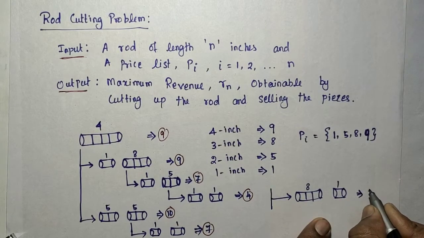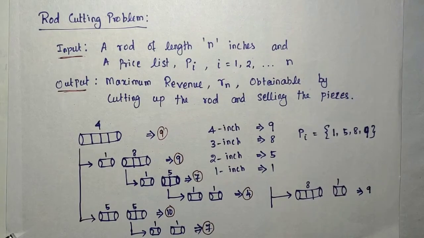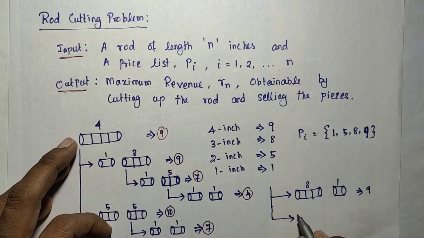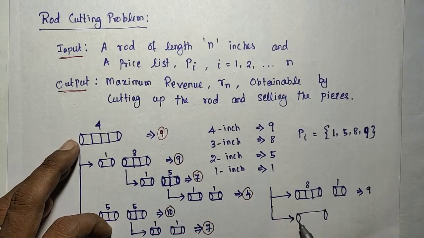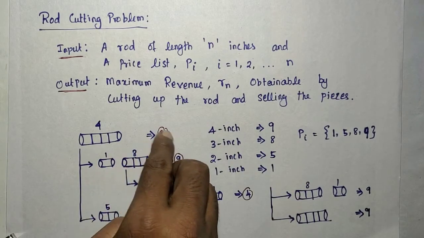So that will get 9. No more possibility on the second piece. And finally, the cut made on the last inch, not here. It means that the 4-inch rod as it is we are selling, and no second piece. In that case we will get 9. The 4-inch rod price is 9. So here we need not do this.